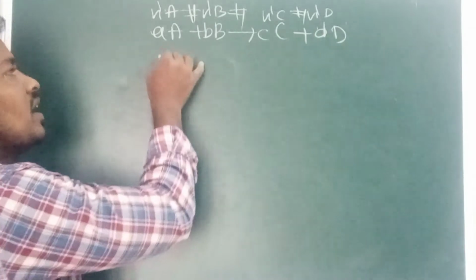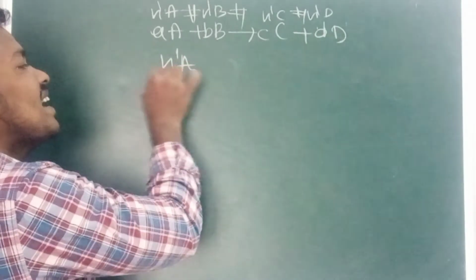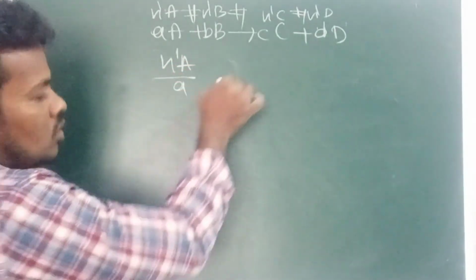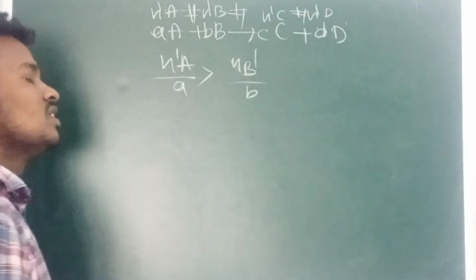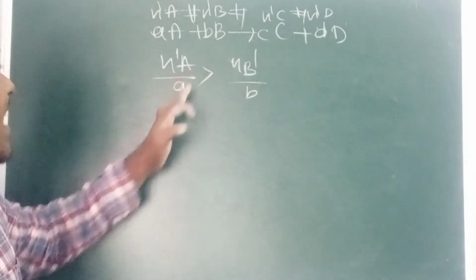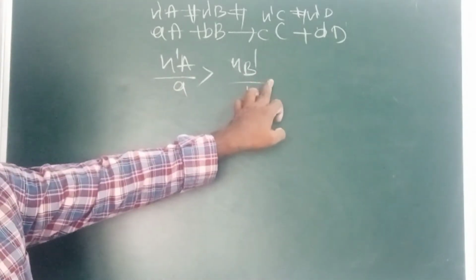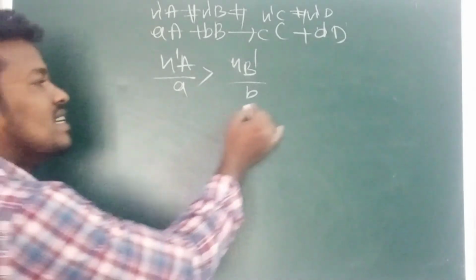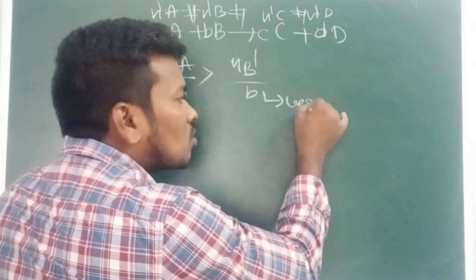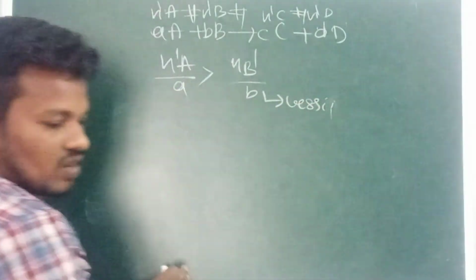Sometimes we do N1A upon a and N1B upon b, but they are not equal. That means N1A upon a is greater than N1B upon b. So automatically the reactant with the lesser quantity is the lesser one.